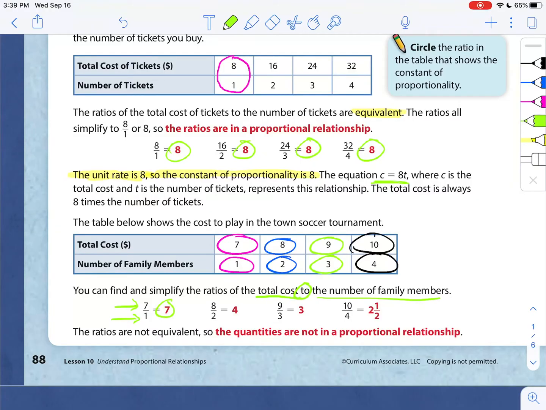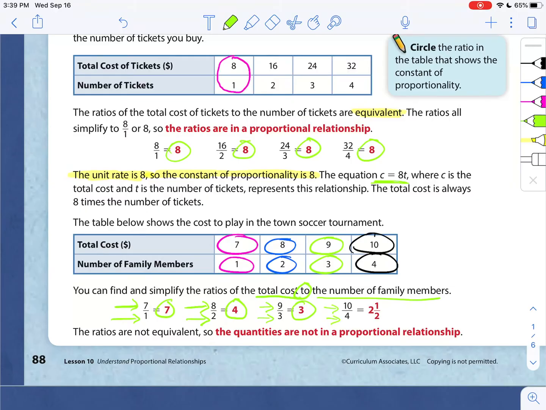In the second ratio on our table, $8 for 2 family members, 8 divided by 2 is 4. Our third one, $9 for 3 family members, 9 divided by 3 is 3.